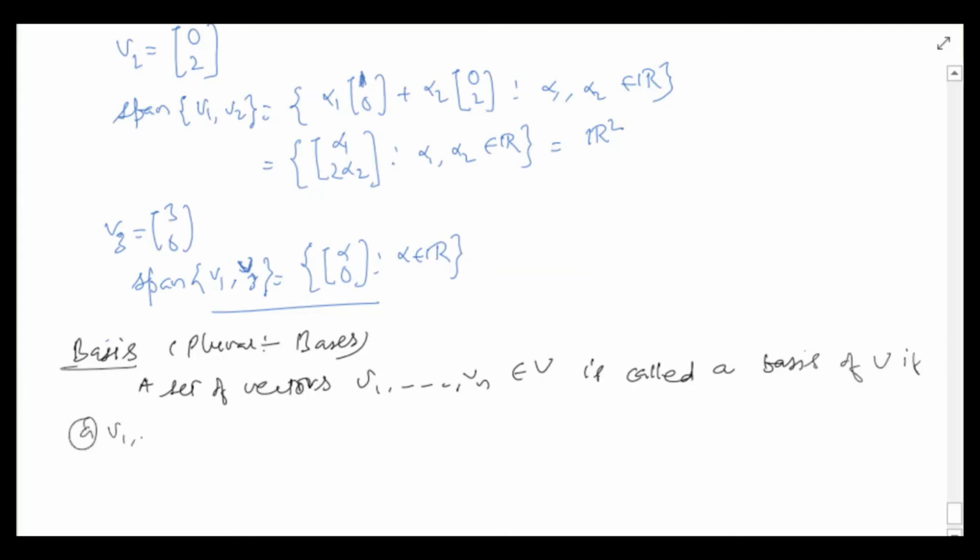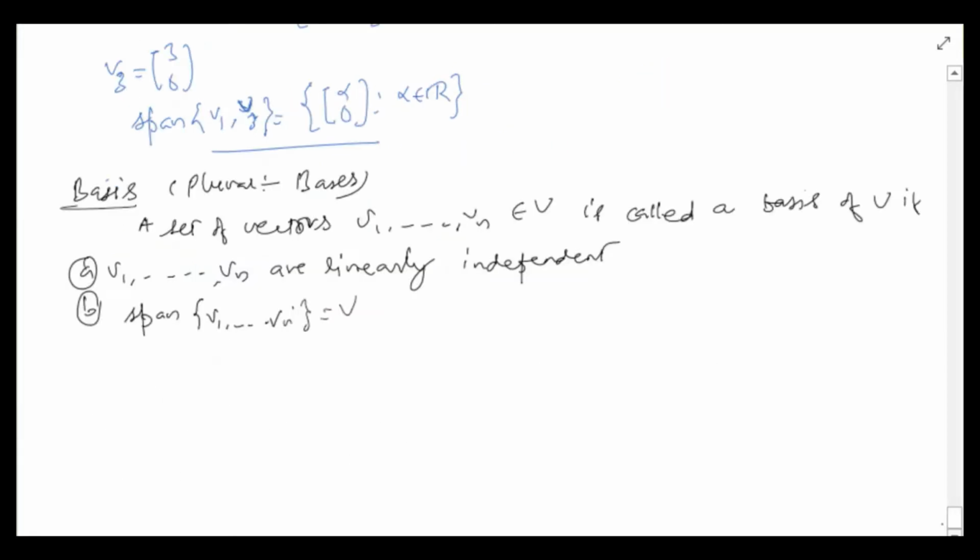One is these vectors are linearly independent, and second is they span the entire space. So span of V1 dot dot dot Vn is V. Okay, let's see a few examples.